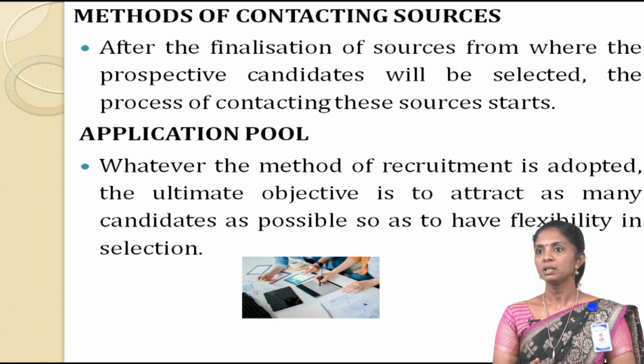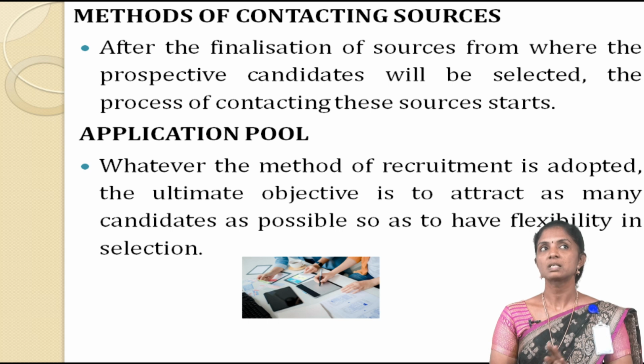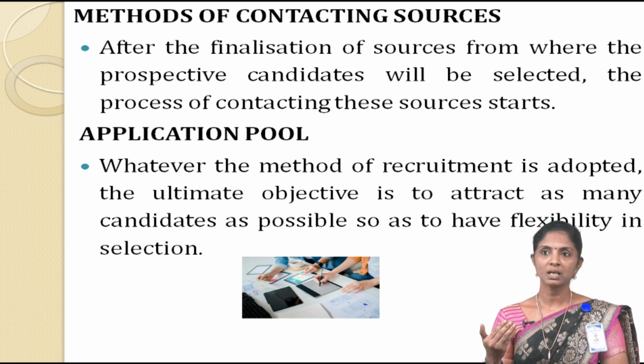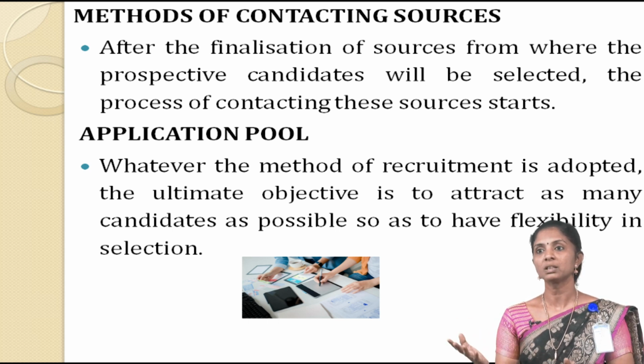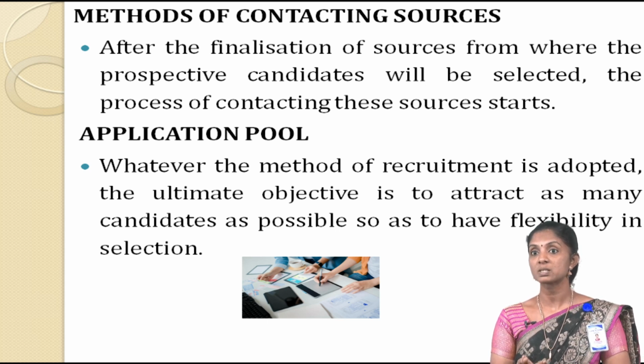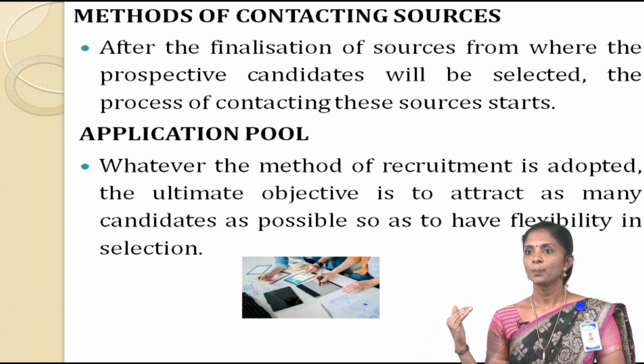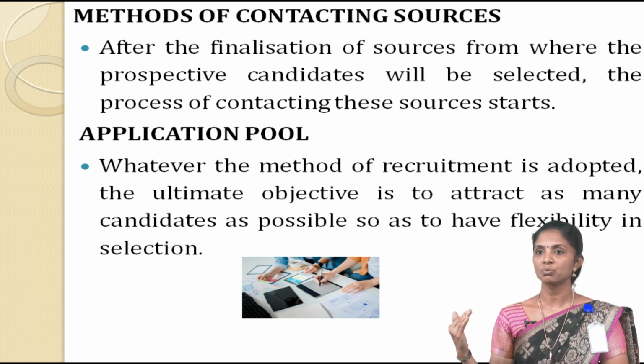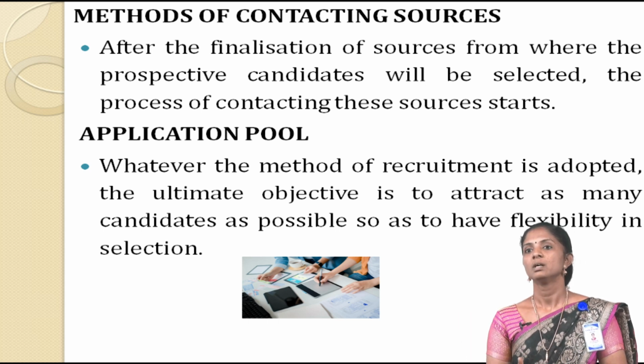For example, in the case of the Indian Civil Service, the number of applications runs into many thousands. In the corporate sector, the organization can expect a large number of applications when it advertises for the position of management executive trainees as compared to when it advertises for experienced persons.